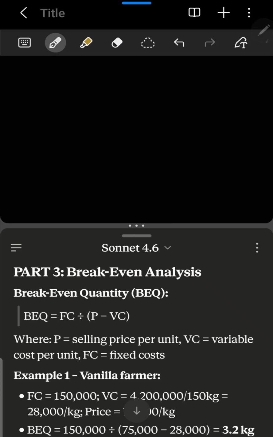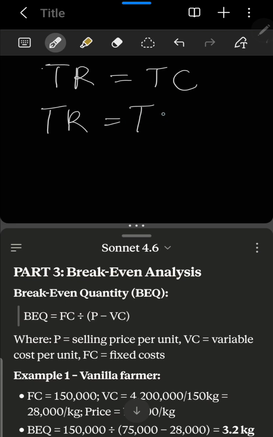We know that for break-even, your total revenue must be equal to your total costs. True or false? And we know that our total cost can be expanded to give us total fixed costs plus total variable costs, right?